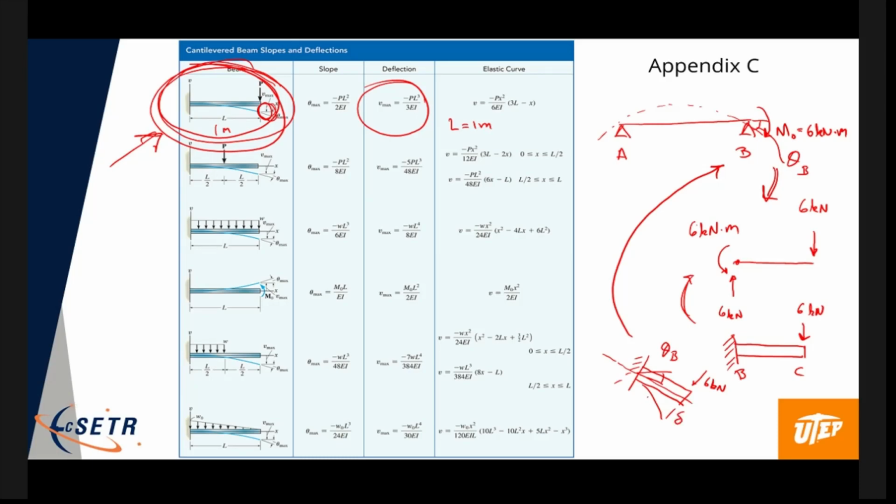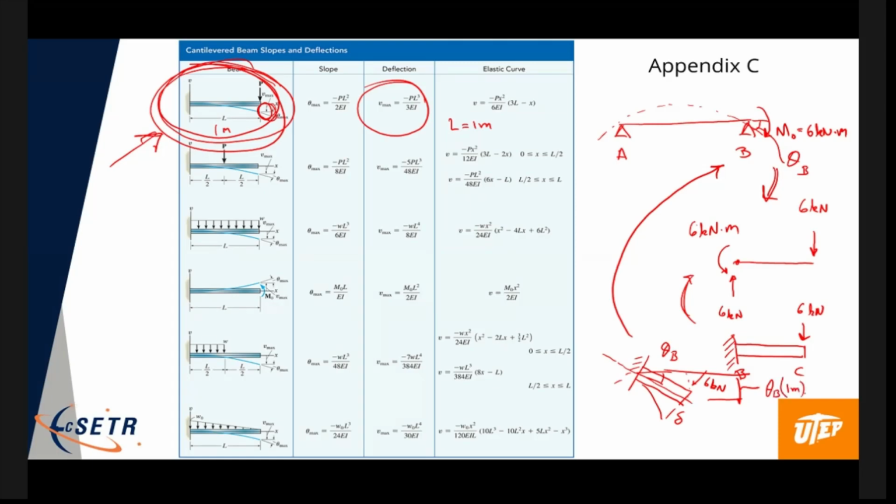But I also have to consider that added on top of that deflection is the amount that it moves down in Y because of that rotation. So this is the amount that point C moves down just from the rotation at theta B, and that value is approximately theta B times the length, which is 1 meter.